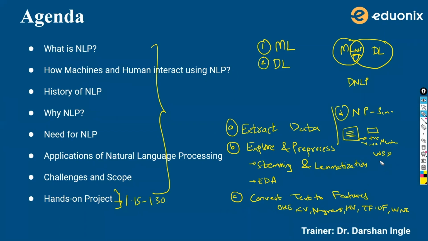Okay, and ultimately after this, the last thing that we have over here is understanding deep natural language processing, where we understand how you implement the recurrent neural network, specifically the long short term memory for predictions on the text sequences. So this is what the entire NLP actually focuses on.